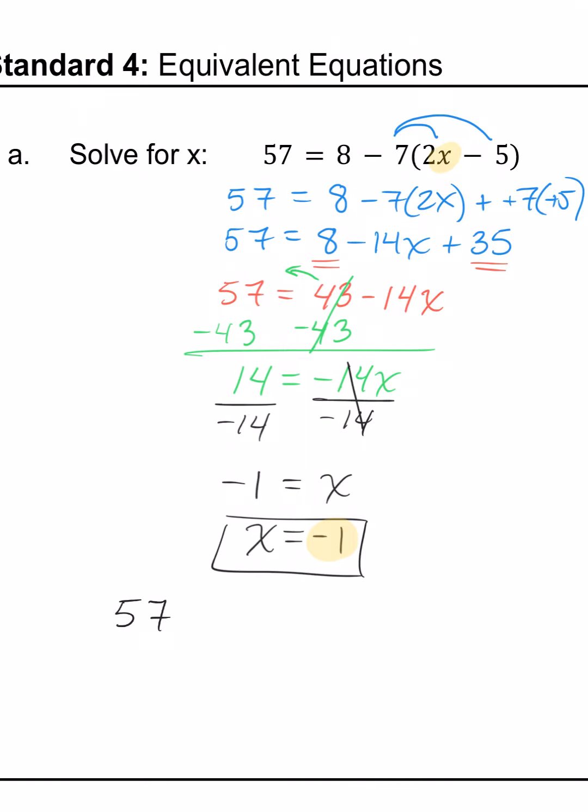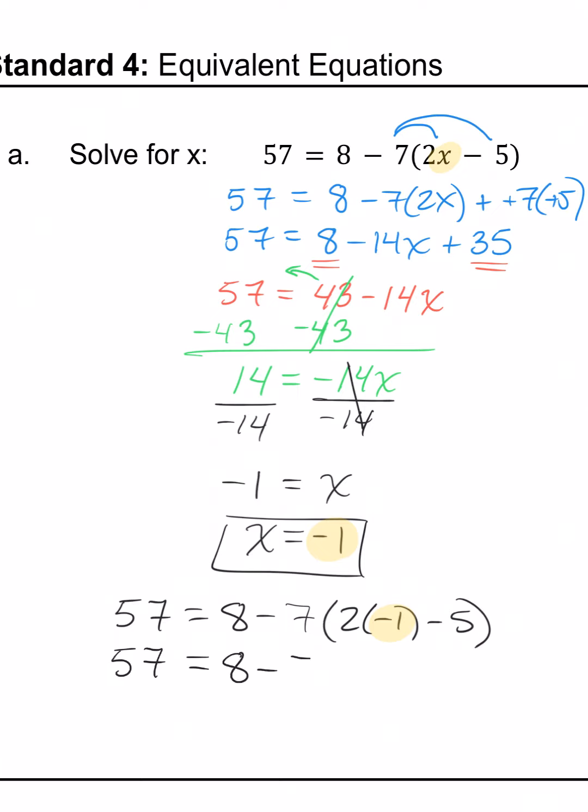We have 57 equals 8 minus 7 multiplied by 2 times x, which is -1, minus 5. If you notice, we're plugging -1 into the equation for x. What we want to do is simplify this. We want to reduce it and see if both sides are equal.